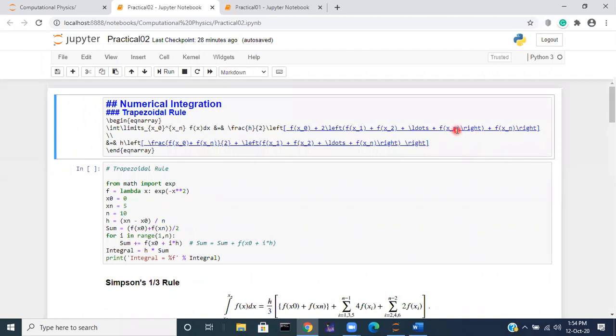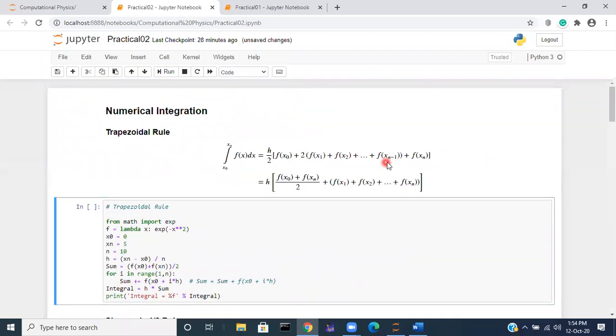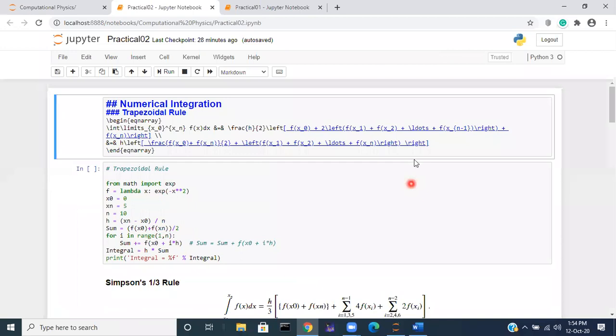This should be n minus 1, and this should also be f of n minus 1.